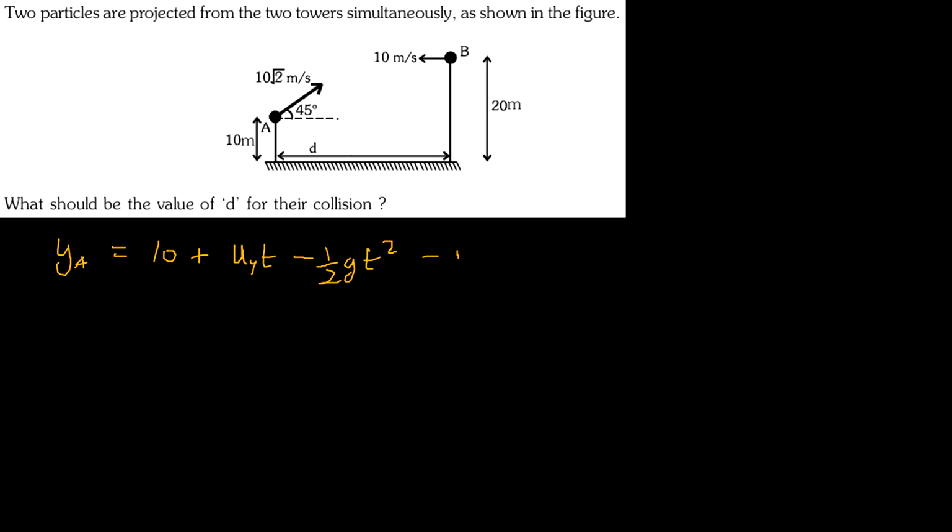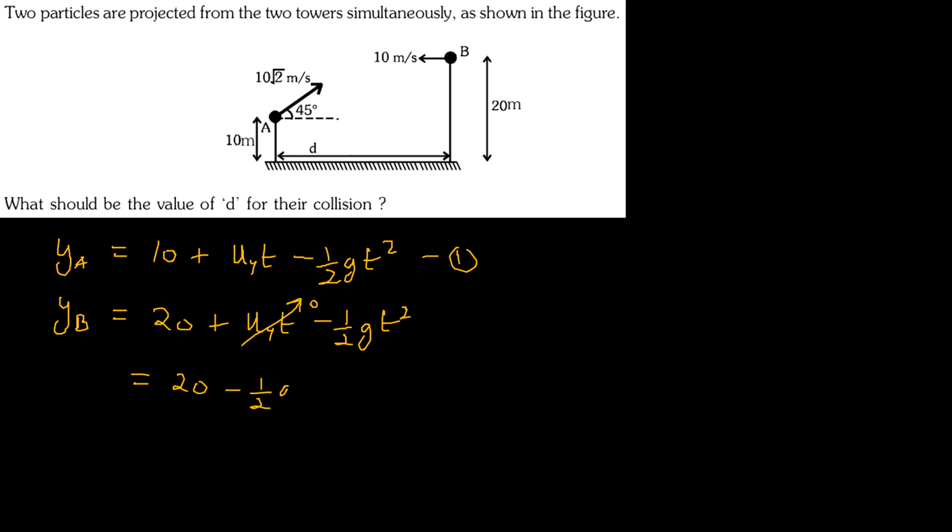Now take this equation 1. Now for yb, it will be 20 plus uyt minus half gt square. In this case the vertical velocity will be 0, so this term will become 0, right? So it will become 20 minus half gt square. Now this is equation 2 and it is yb.